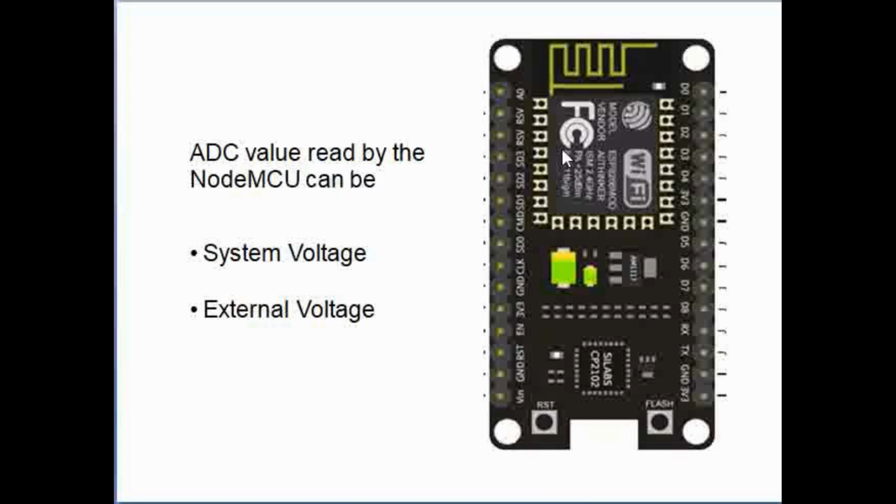The value of this voltage can be read by this analog pin. You need not connect anything externally. We just need to change the mode to read the system voltage, and then the NodeMCU reads it. So two kinds of analog reads: one is system voltage and the other is external voltage. First we will talk about the external voltage, and then we'll go to the system voltage.